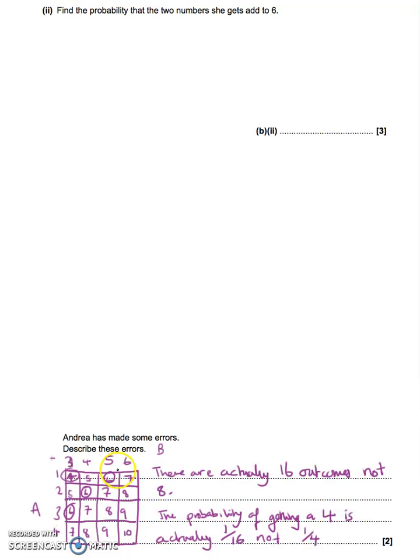They are the 3 ways of adding to a 6, and so we get 3 out of the 16. And that's a very simple 3 marks to get, having just done some working out on that part of the question.